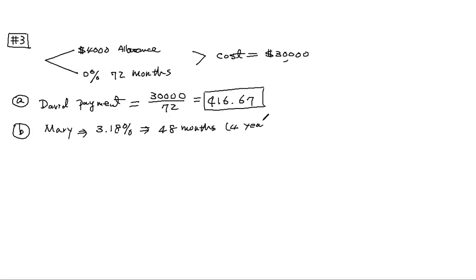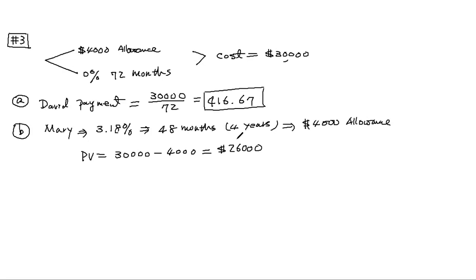And she gets a $4,000 allowance. That means the present value of Mary's car is only 30,000 minus 4,000, so it will be 26,000. So now let's use the calculator to calculate Mary's payment.